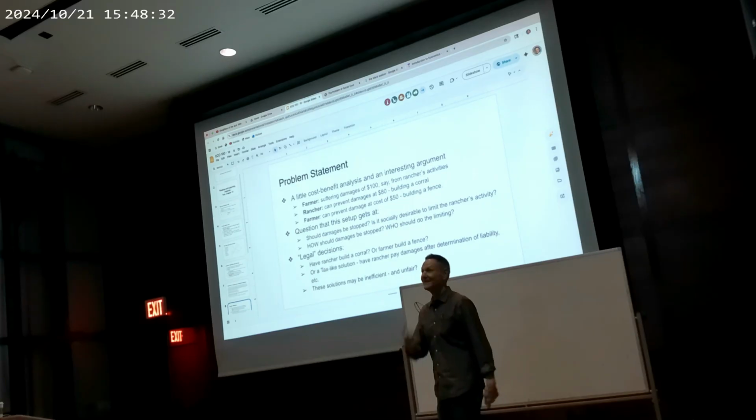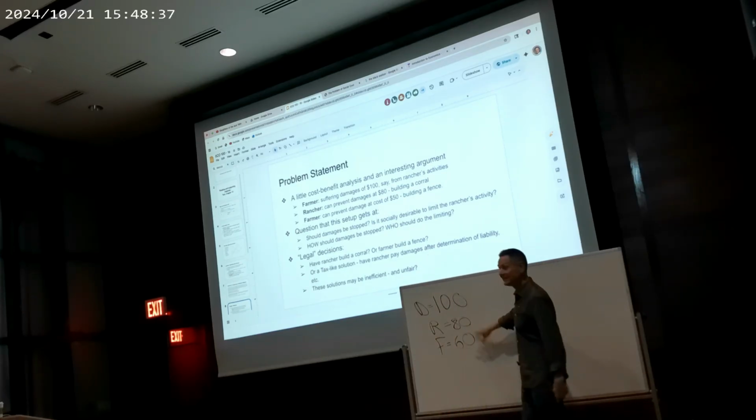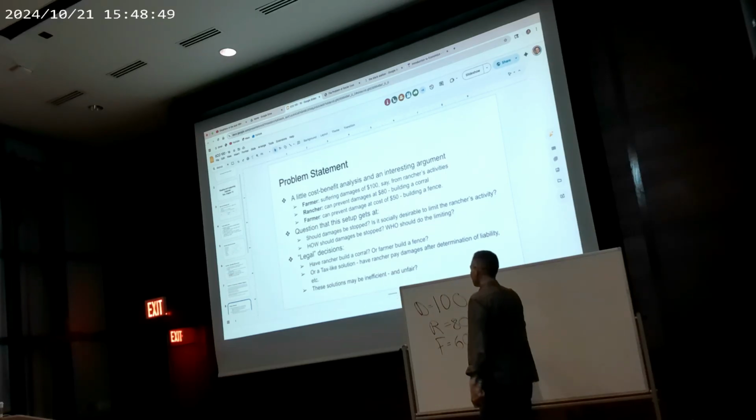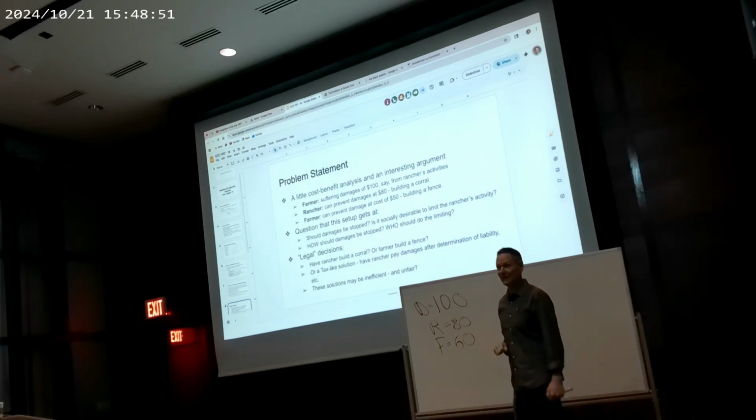An economist would say yes, because the costs of preventing the damages, however we do it, are less than the damages themselves. Think about it this way, and this is a very Coasean way of thinking about it. We're going to incur damages somehow.